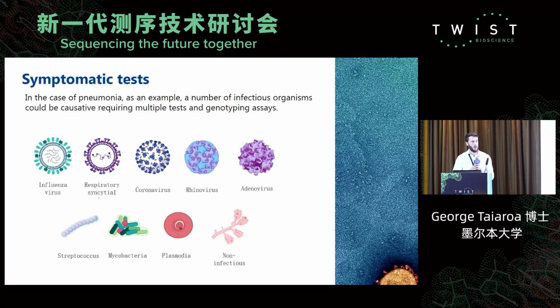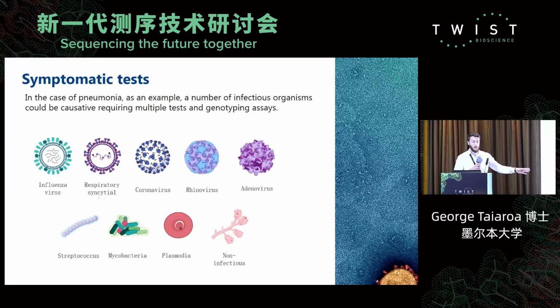As an example, if you're looking at someone that has respiratory disease, so say cough or symptoms of fever and things that you might now associate with COVID, that could be caused by a number of different viruses, things like influenza, respiratory viruses, coronaviruses, but other types as well. It could also be caused by other pathogens that aren't viruses. So lots of pneumonias are caused by bacteria.